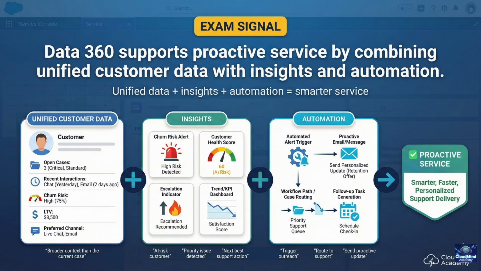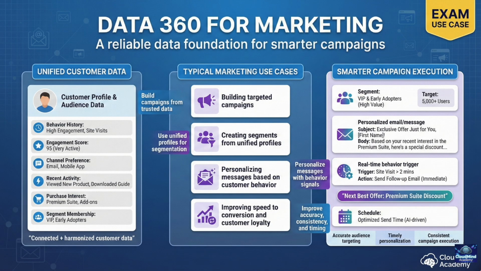When Data 360 is connected to Service Cloud, each interaction can be informed by broader customer context, not just the current case. This enables more efficient service delivery and better decision-making by support teams. Exam signal. Data 360 strengthens service execution by combining real-time insight with unified customer context.